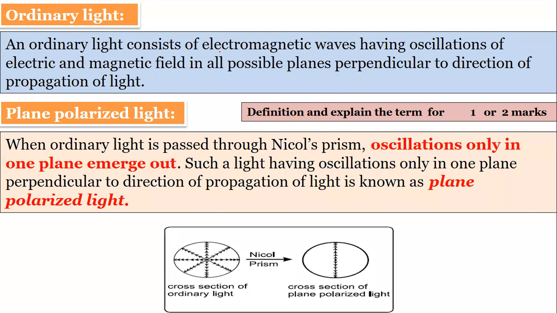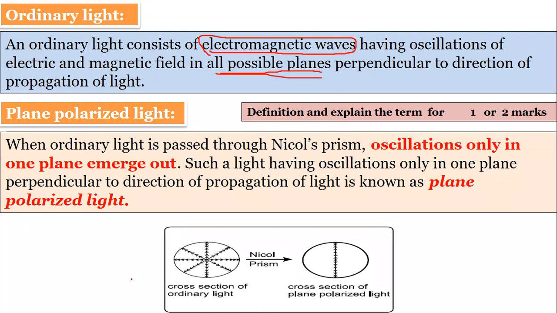Ordinary light consists of electromagnetic waves, having oscillations of electric and magnetic field in all possible planes.